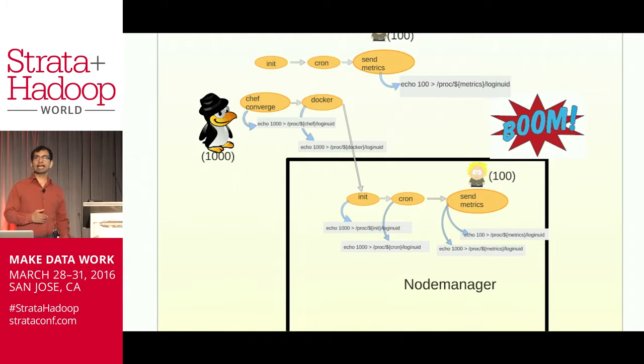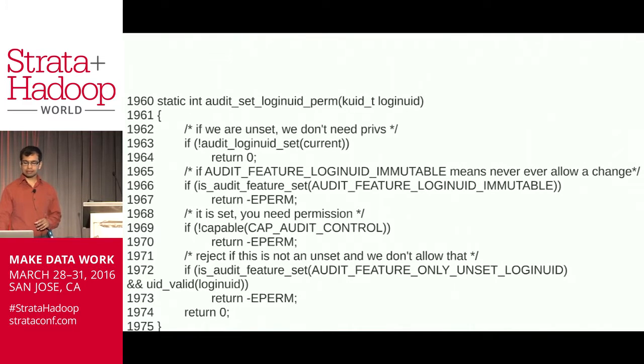So to dig into that, we basically had to trace through what is exactly happening when the login UID is being set. So in the kernel, there's a check basically, can I set the login UID? The first thing it checks is, is this login UID set? If the login UID is not set, you can go and set the login UID.